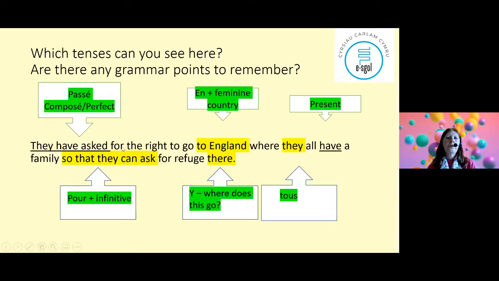And as we go through, we have to translate "to England". So en français, en Angleterre, so using en plus the feminine country. And remember that the majority of French countries which end in E are feminine.